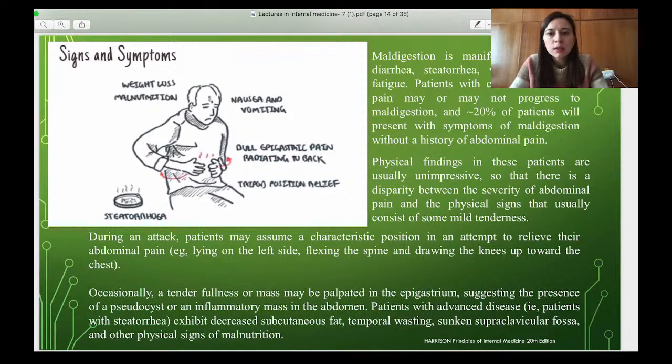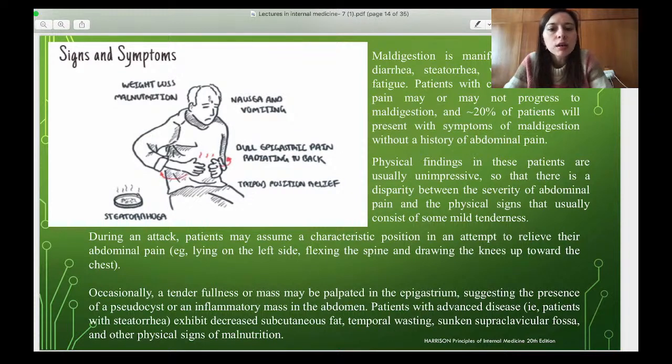Physical findings in these patients are usually unimpressive, so that there is a disparity between the severity of abdominal pain and the physical signs, which usually consist of some mild tenderness. During an attack, the patient may assume a characteristic position in an attempt to relieve the abdominal pain.